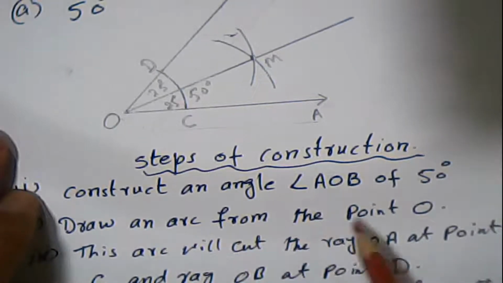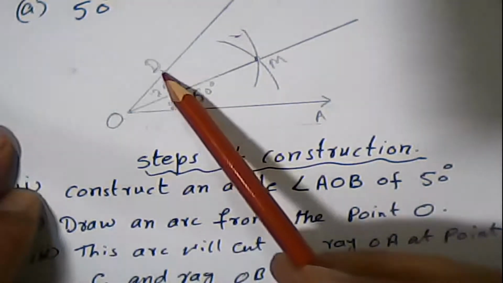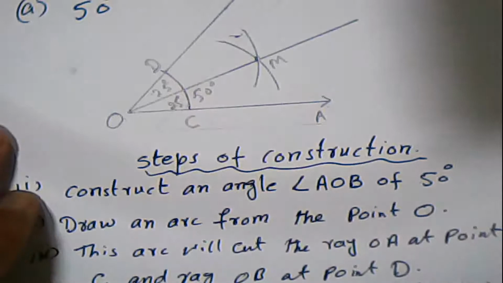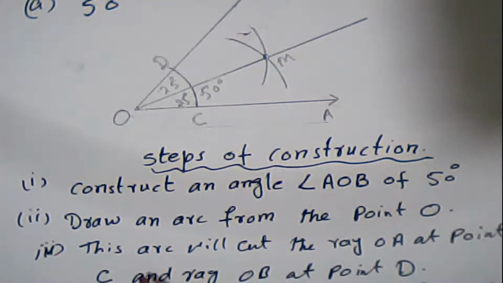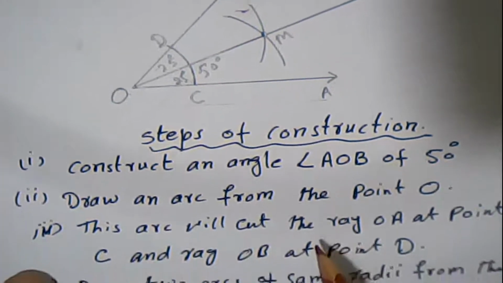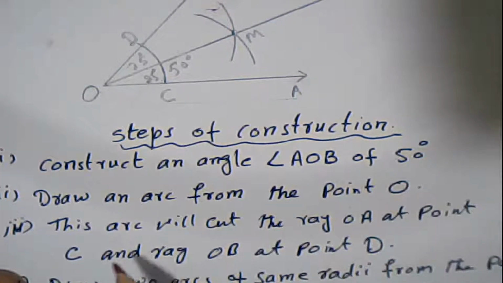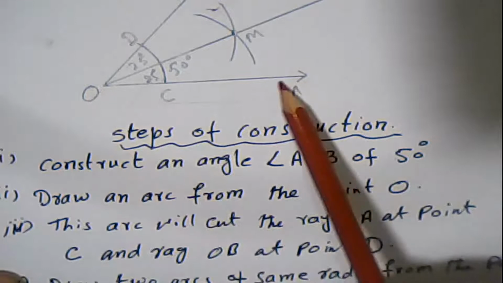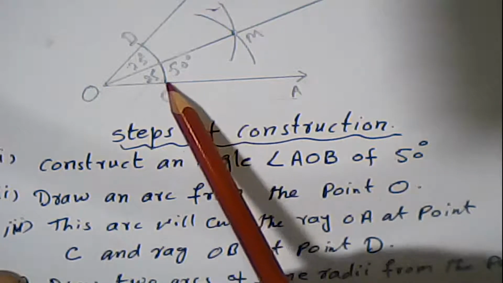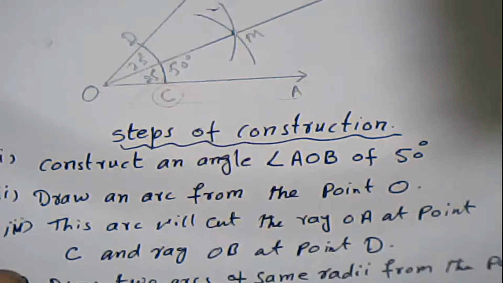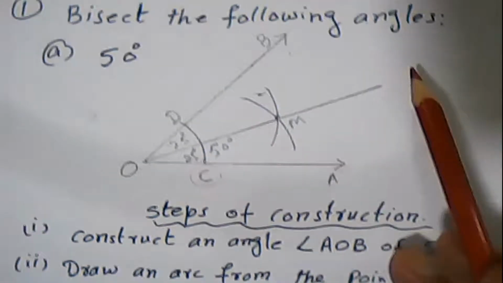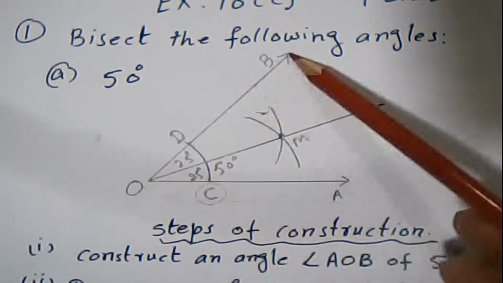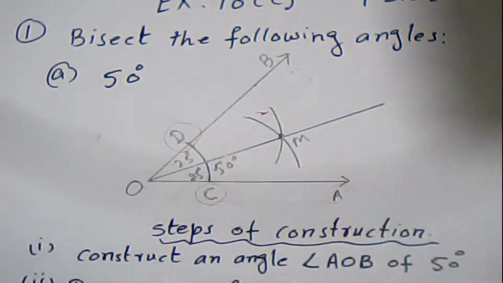Draw an arc from point O. This arc will cut OA at a point C, and OB at a point D.